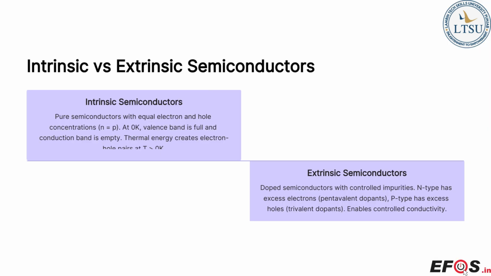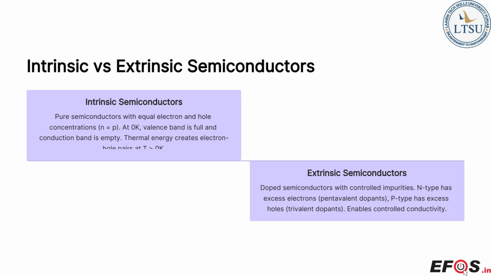We classify semiconductors into two types. Intrinsic semiconductors. These are pure semiconductors, meaning the concentration of electrons, n, equals the concentration of holes, p. At 0K, they are insulators, but at temperatures above zero, thermal energy creates electron-hole pairs. Extrinsic semiconductors.